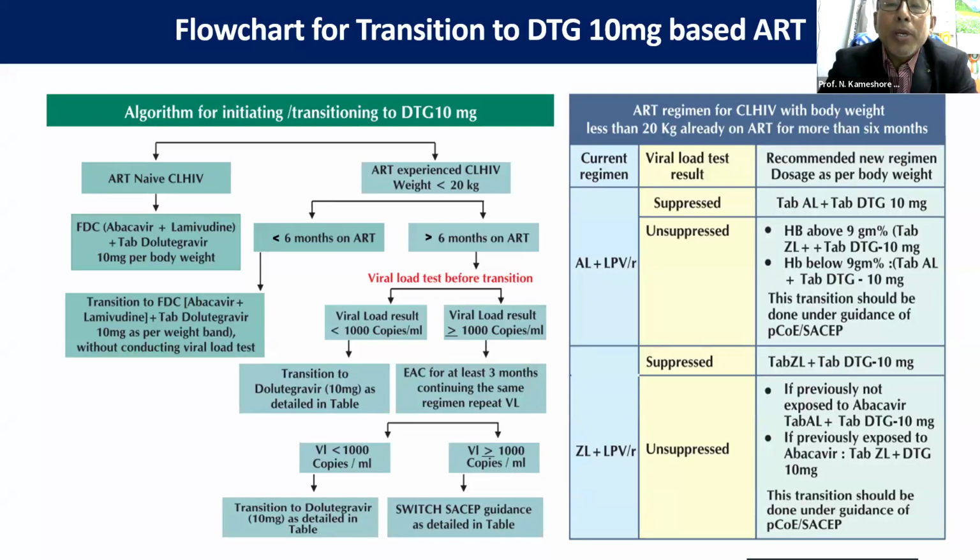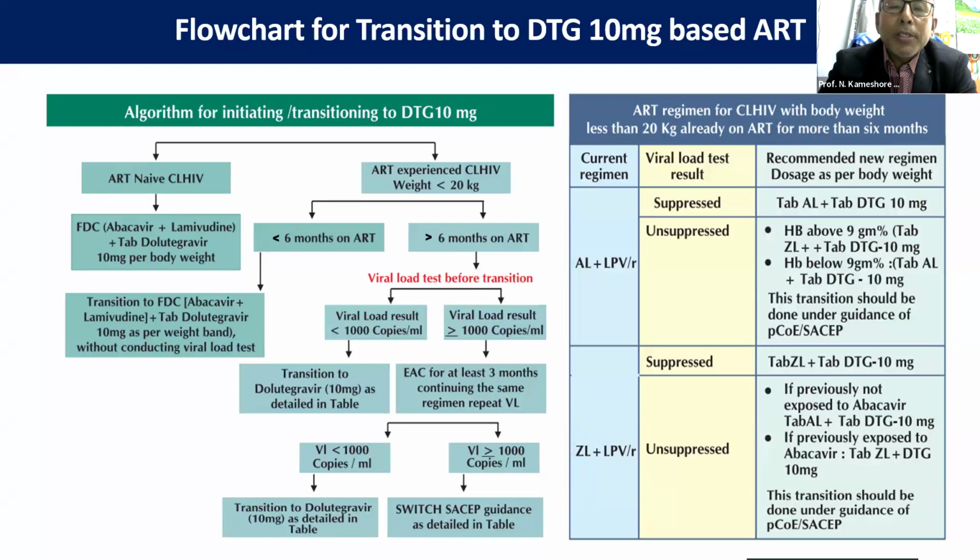If the hemoglobin is above 9 gram%, then we change abacavir to zidovudine, that is zidovudine, lamivudine, and dolutegravir. If it is below 9 gram%, where we cannot give zidovudine, then we continue abacavir, lamivudine, and dolutegravir. Of course, always we have to take the guidance of the pCoE or SACEP.